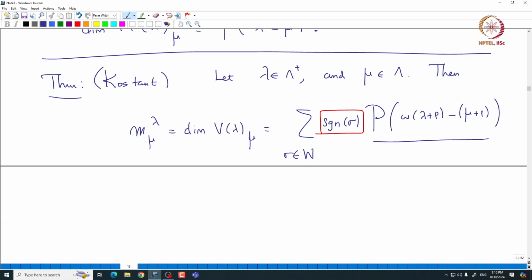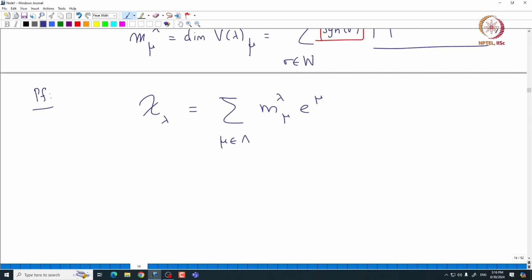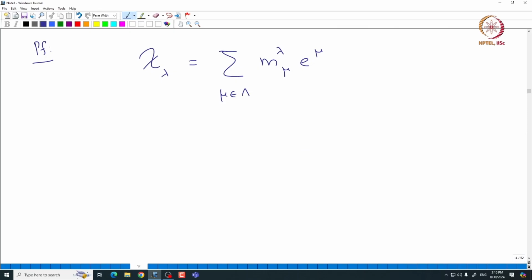This is indeed an immediate application of the Weyl character formula. Let us set up the notation and then just rewrite the Weyl character formula, and we will get this. So here is the proof. Start with chi lambda, which is by definition the summation of m lambda mu e power mu, where mu comes from capital Lambda. This is all just formal computation.